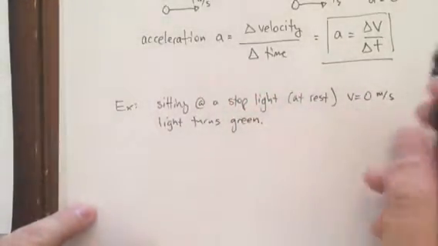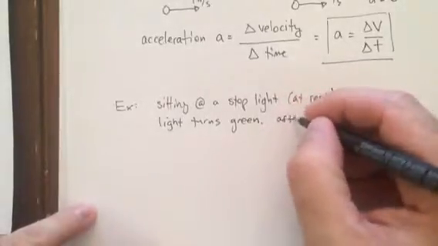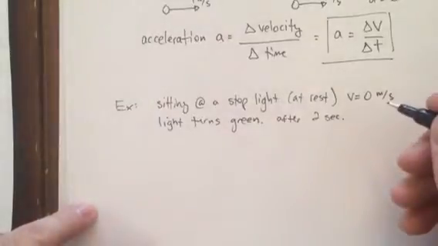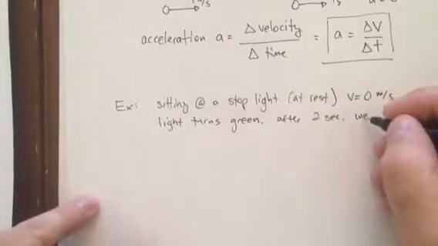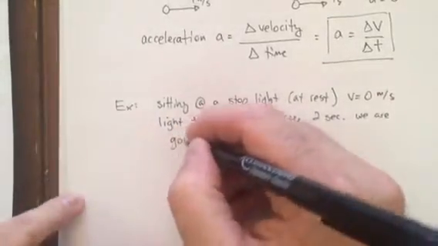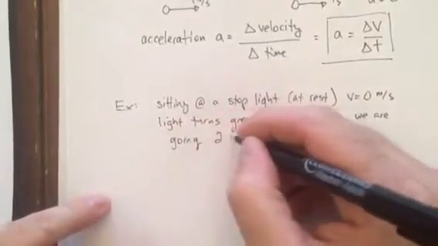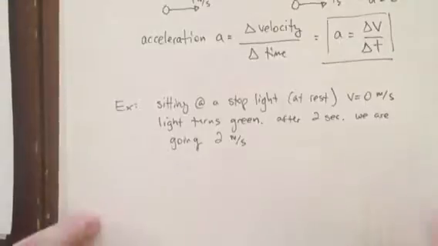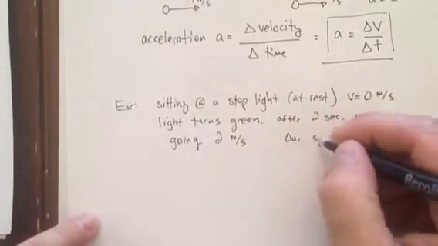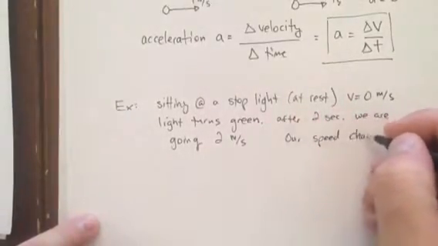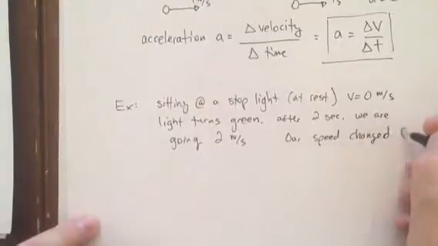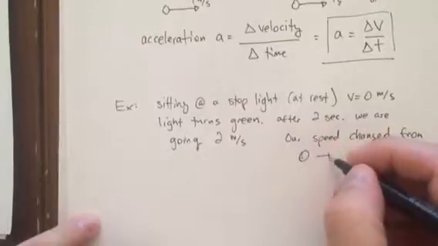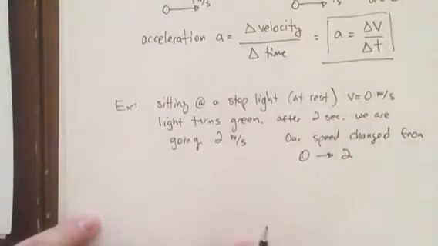We hit the gas and we start to go, and after 2 seconds we look down at our speedometer and we're going 2 meters per second. After that time, our speed changed. So we must have, from 0 to 2, so we must have accelerated.